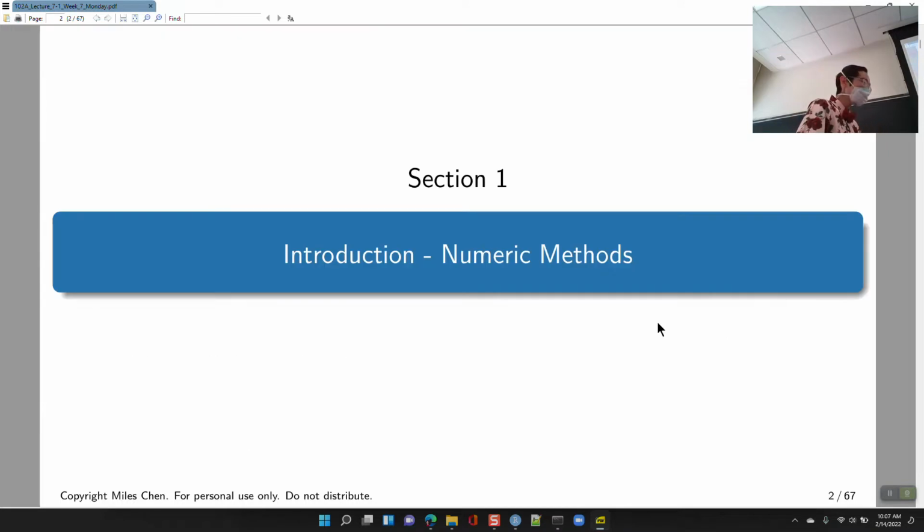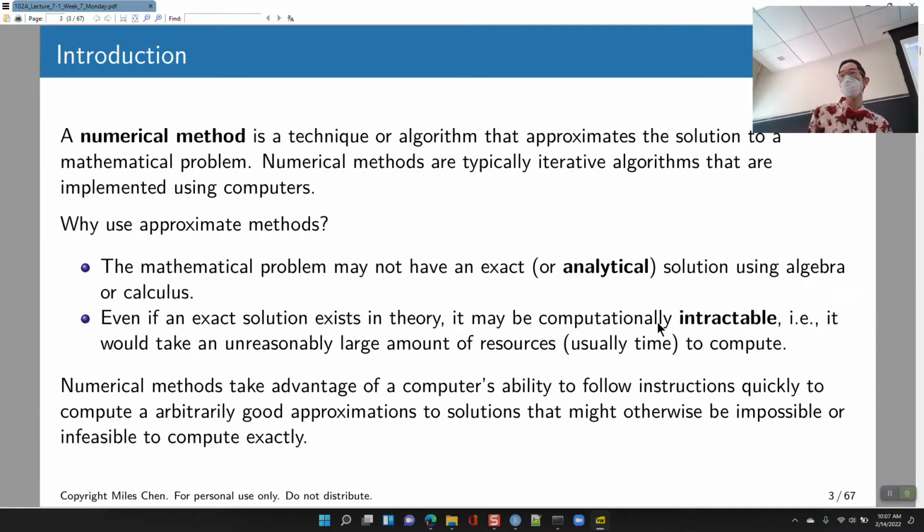Okay. So we've had a thorough discussion. I don't know about thorough, but we talked a lot about floating point numbers. Now that we've gotten all of that away, and you understand there are inherent limitations to how we store numbers in the computer, we can start talking about numeric methods. A numeric method is a technique or algorithm that allows us to get approximate solutions to mathematical problems.